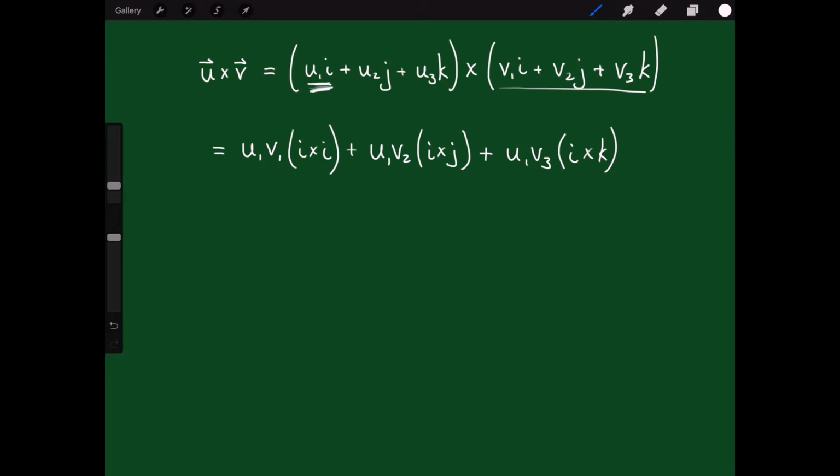Now I'm going to keep going for u2 times j and cross that with each of the three vectors over here.